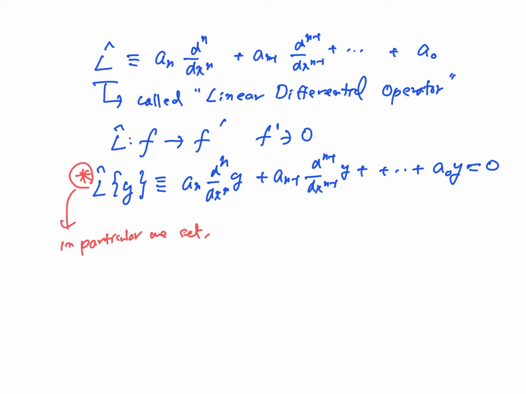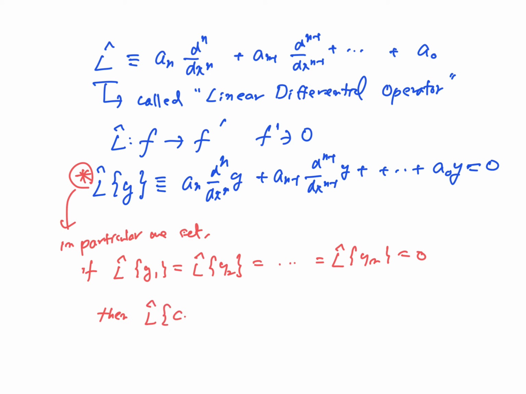Then the linearity means if L y1, y2, ... yn is equal to 0, then L of c1y1 + c2y2 + ... + cnyn is equal to 0. That's what linearity means.